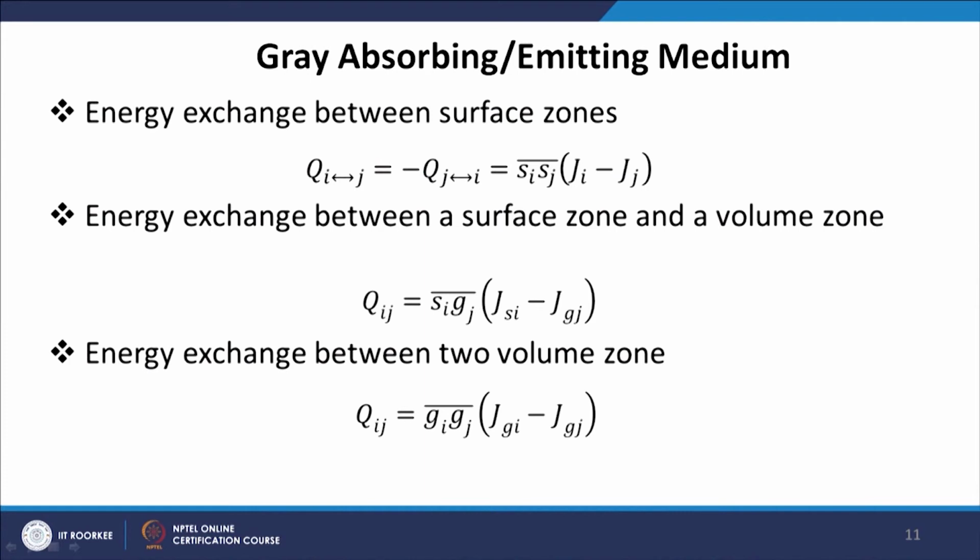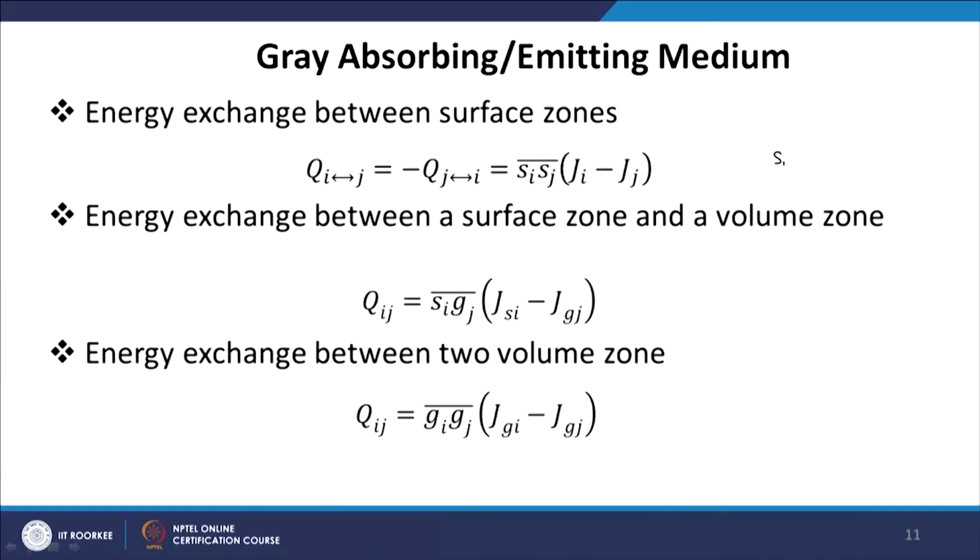Now, how to extend? The basic idea of the zone method was to extend the net radiation method to an absorbing, emitting medium. So, how do we extend this method? We write energy exchange between surface zones as before. So, Qij is equal to minus Qji is equal to SiSj (Ji minus Jj), this is as before.